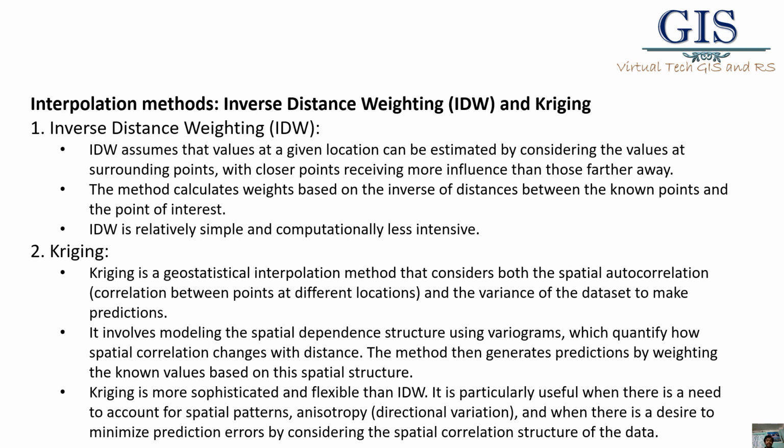This method then generates the prediction by weighting the known values based on the spatial structure. Kriging can be more sophisticated and flexible than the inverse distance weighting method. It is particularly useful when there is a need to account for spatial pattern, anisotropy, and when there is a desire to minimize the prediction error by considering the spatial correlation structure of the data.